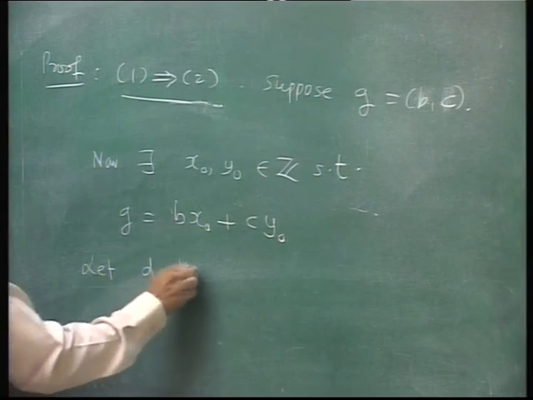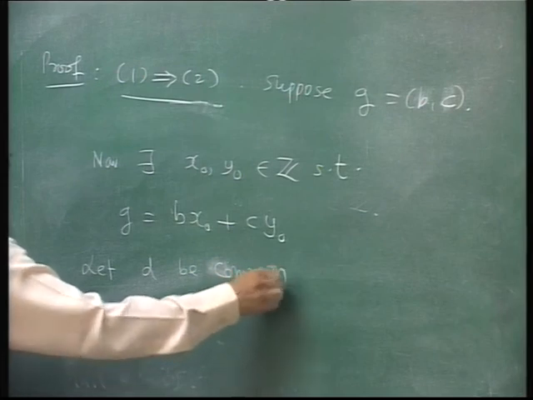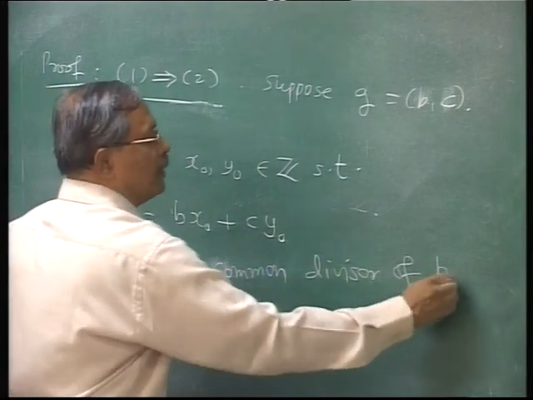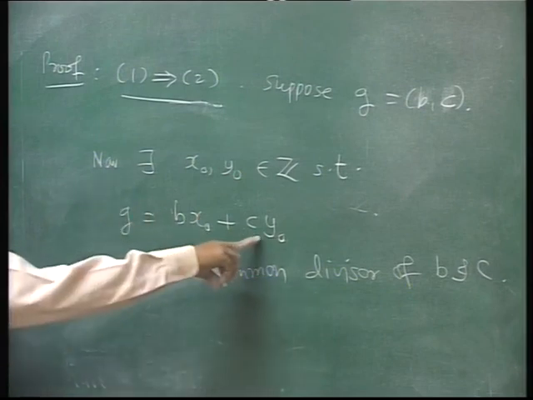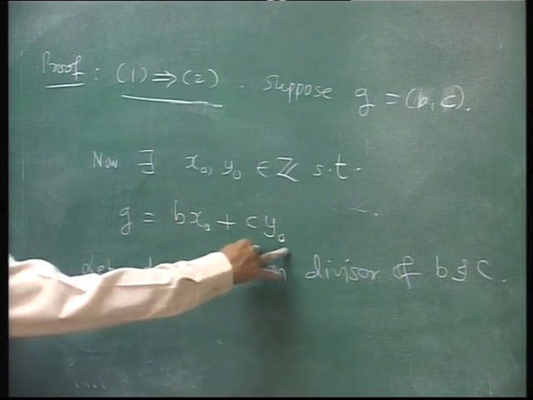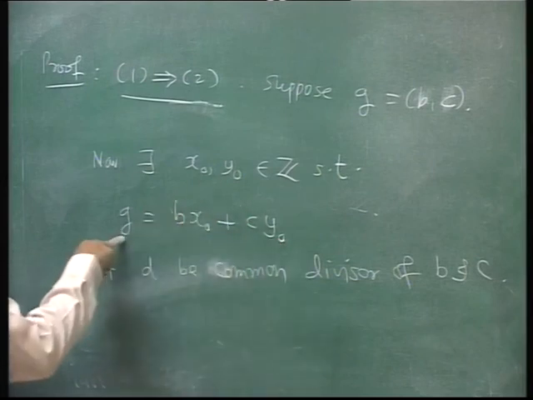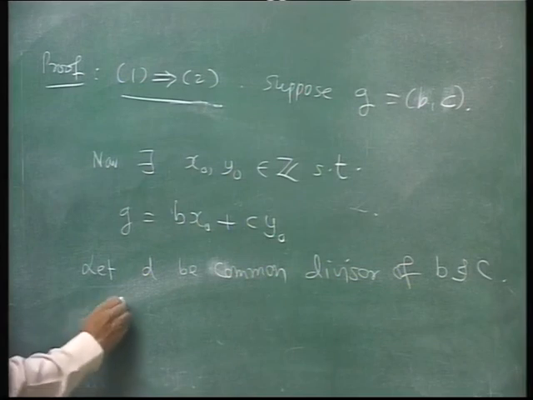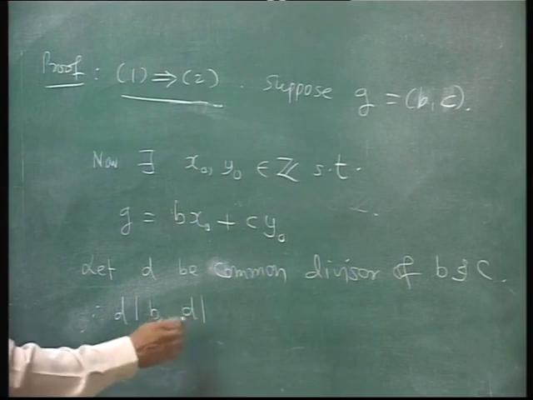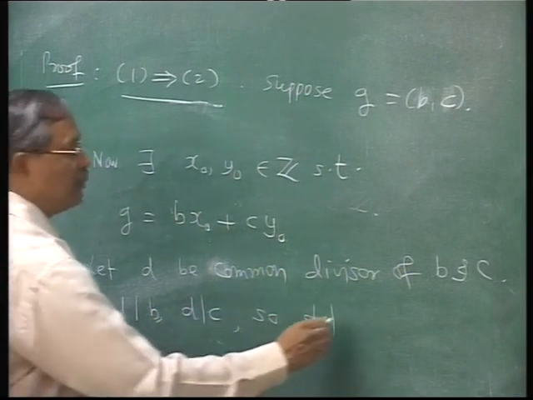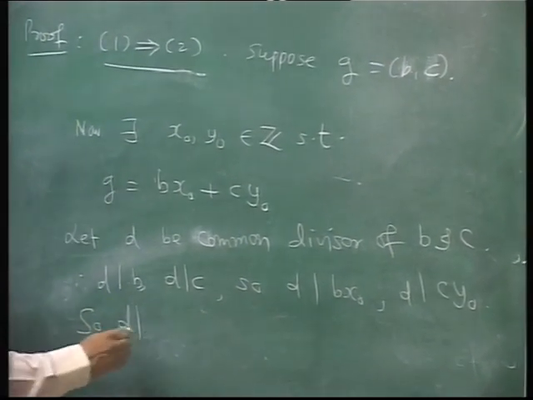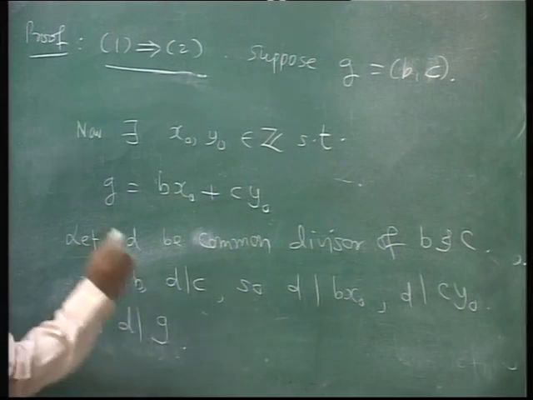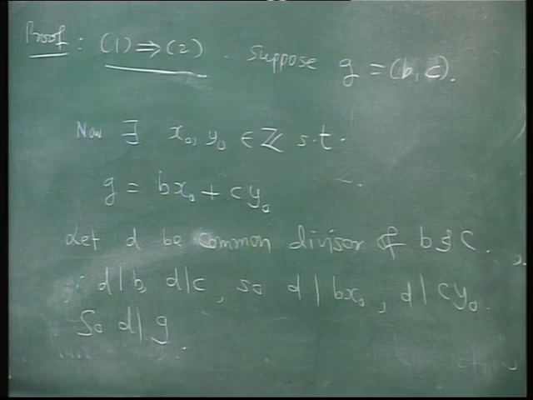Let D be a common divisor of B and C. So if D divides B and D divides C, then D will divide B x naught, D will divide C y naught, therefore D will divide the sum and therefore D will divide G. So the second property is satisfied by G.